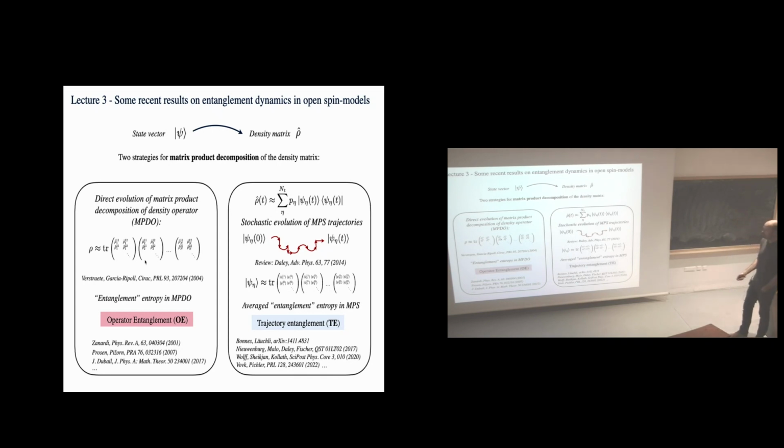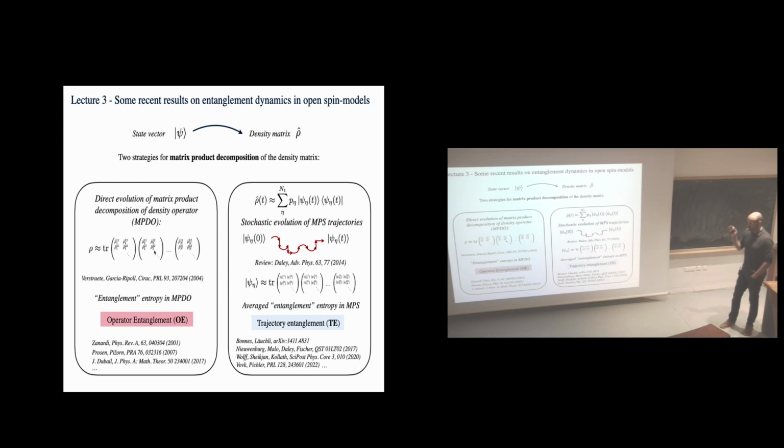This is called the operator entanglement, introduced by Zanardi in 2001. They call it entanglement, but it's important to say it's actually not really entanglement. In a quantum information sense, it doesn't mean entanglement at all. It just means that if you vectorize your density matrix and do an SVD, you have effective super operator eigenvalues of your subsystem, and they're going to give you some type of entropy.